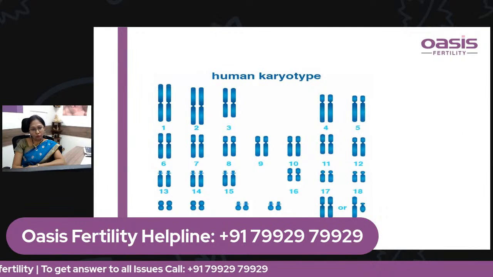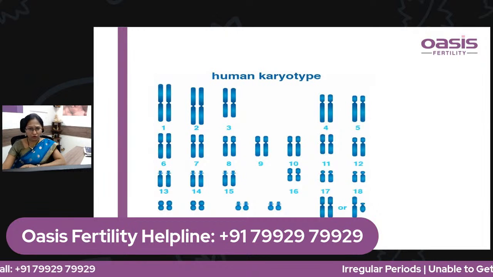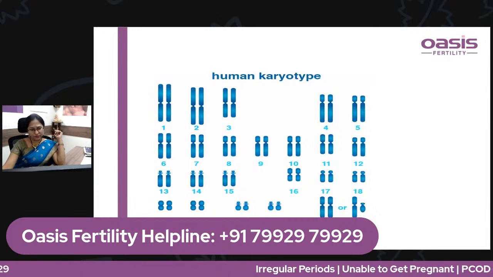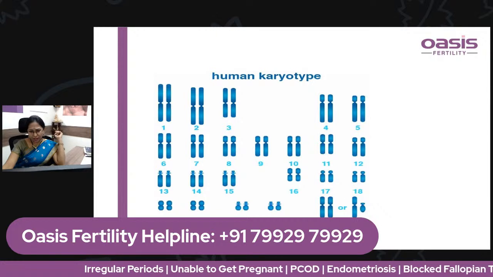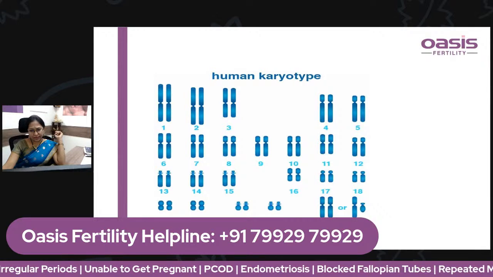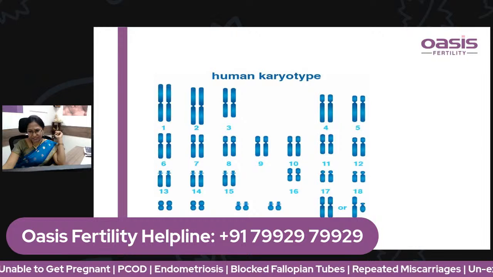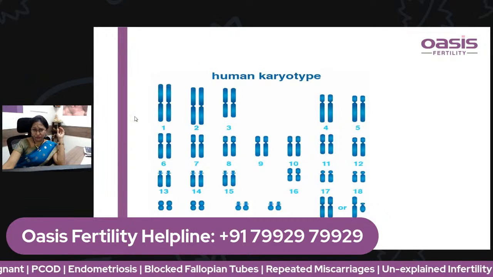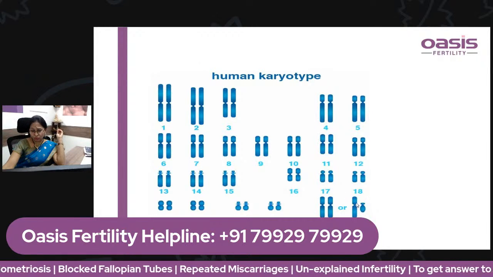So these are all the chromosomes. Everyone knows that we have 23 pairs of chromosomes, and out of these, one pair is the sex chromosomes. XX represents the female, and XY represents the male. These are the autosomes and these are the sex chromosomes.